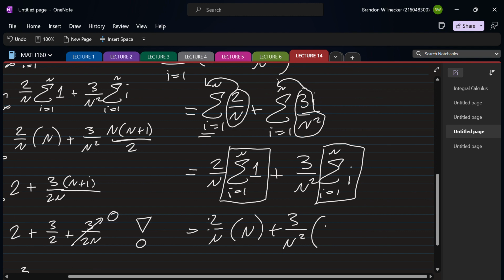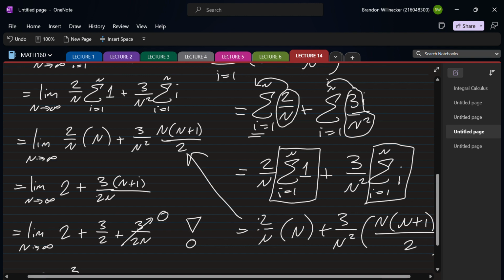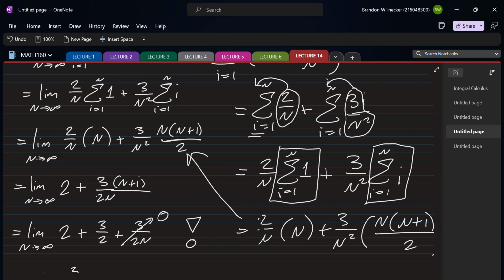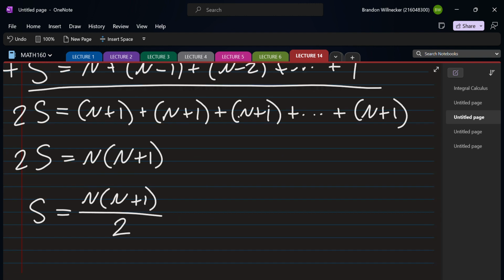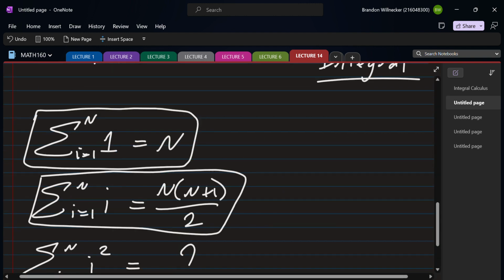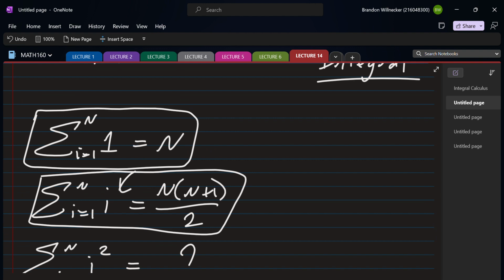So here I make the replacements, n times n plus 1 over 2, and then that gets us back to that step there. Okay, so it's just simplifying until we have the sum in simplest form, and then we go back here, and then we just replace it. So whatever that sum was, like over here, we replace it with whatever's on the right.